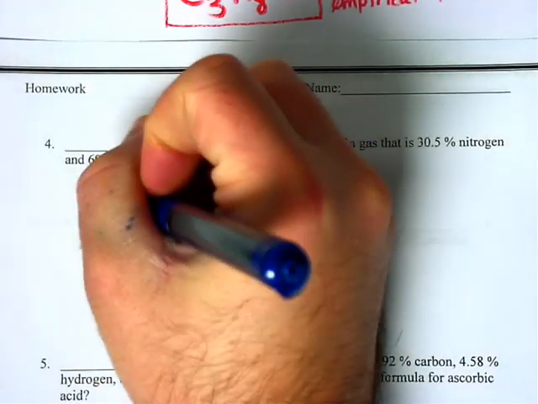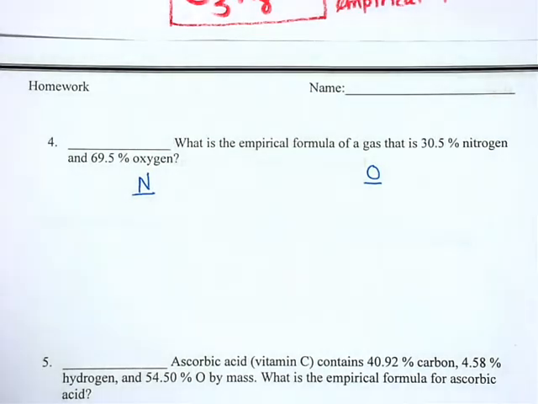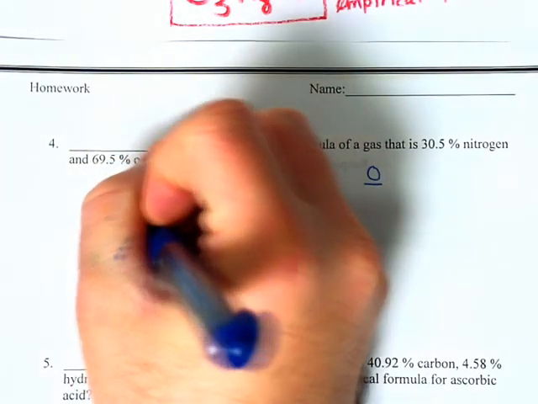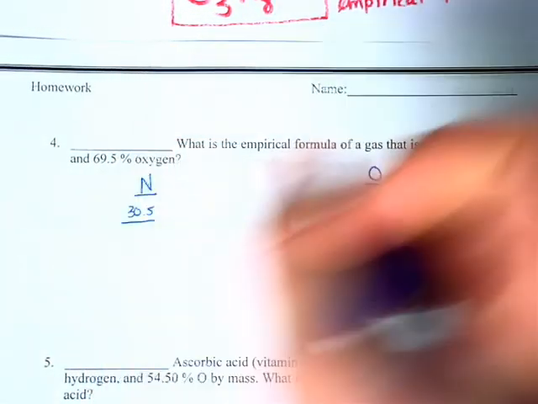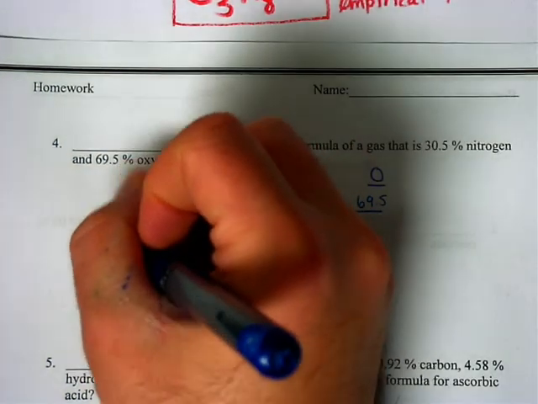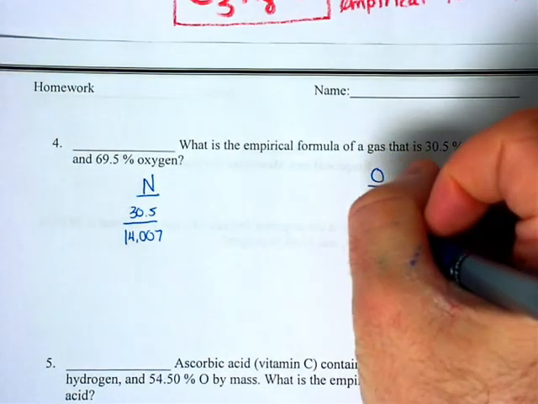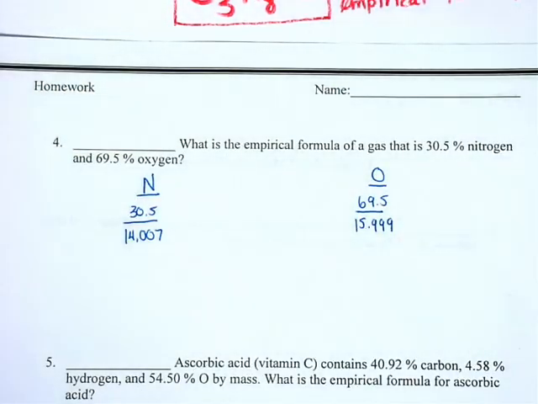So let's write out an N area and an O area. And I'll let you fill it in with maybe these first two steps. Whenever we're writing the formula, we always put the element that was given first. Typically the way that I do it.